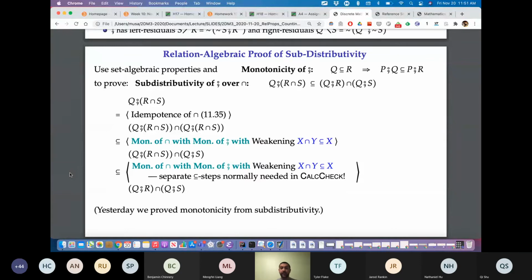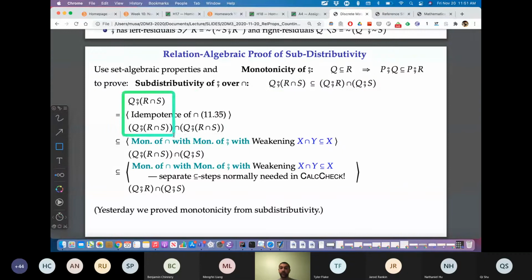So here's an example. Last time we showed monotonicity from subdistributivity. If instead we start off with monotonicity, we say multiplication preserves order, then we can show really easily that it subdistributes over meet. We start off here.